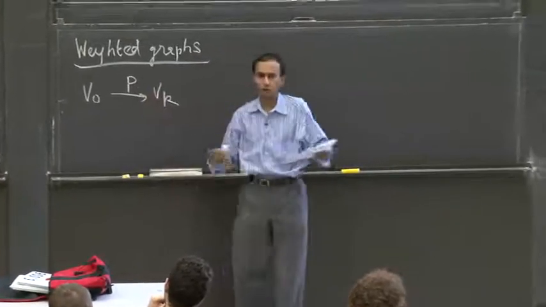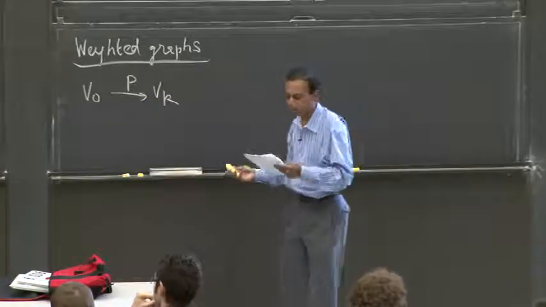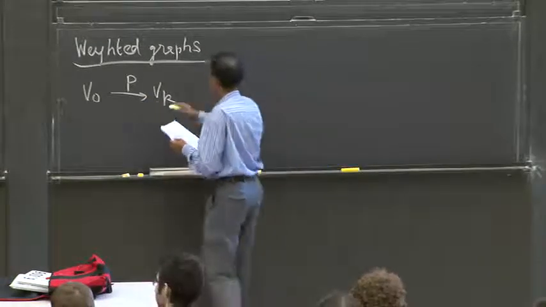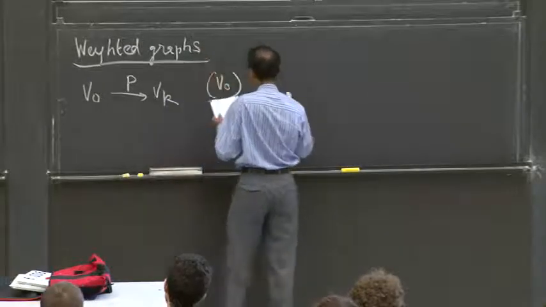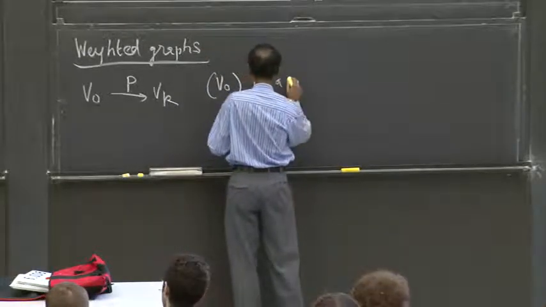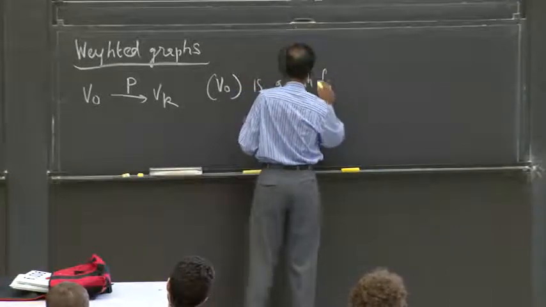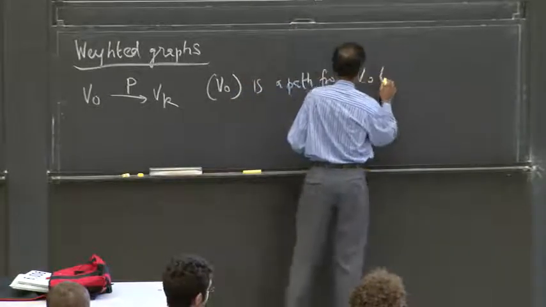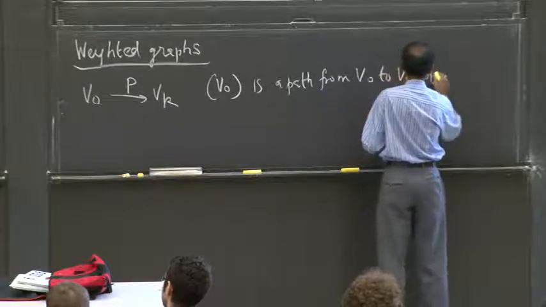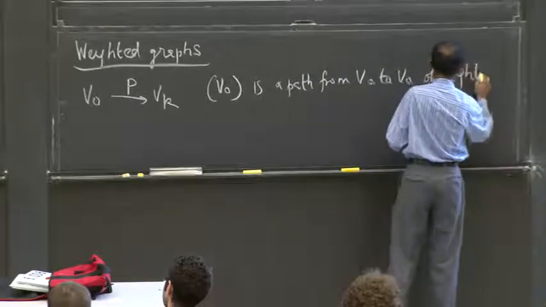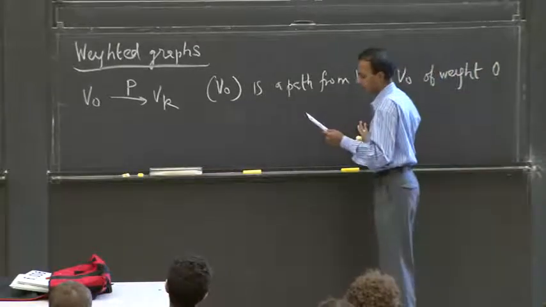Sometimes I'm searching for the path P with a minimum weight, and that's how I'm going to represent that. V0, which is a single vertex path, is the path from V0 to V0. So it's really a 0 length path, and it has weight 0. Right? So that's one condition.